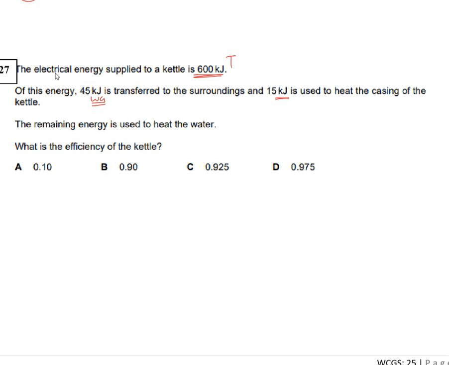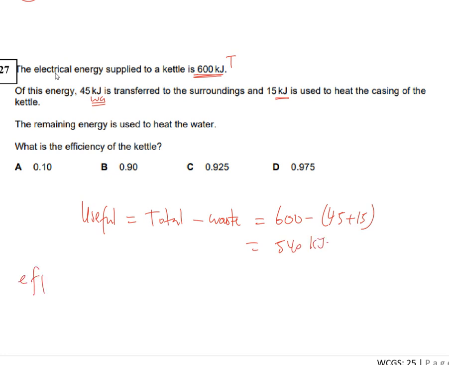So useful equals total take away waste. So 600 take away joules. So efficiency is useful over total times 100%.